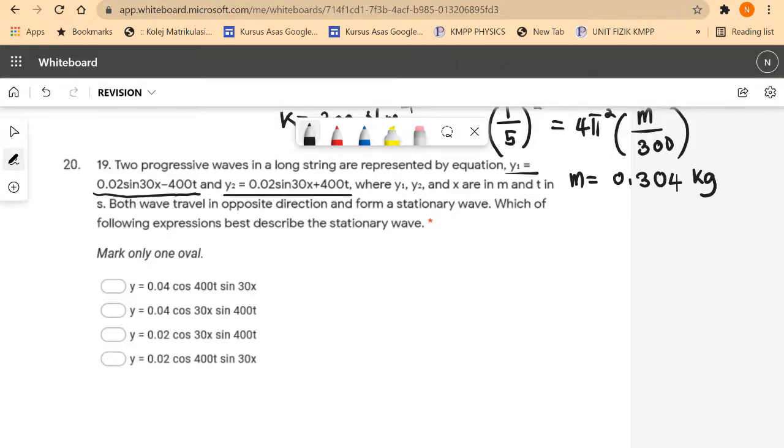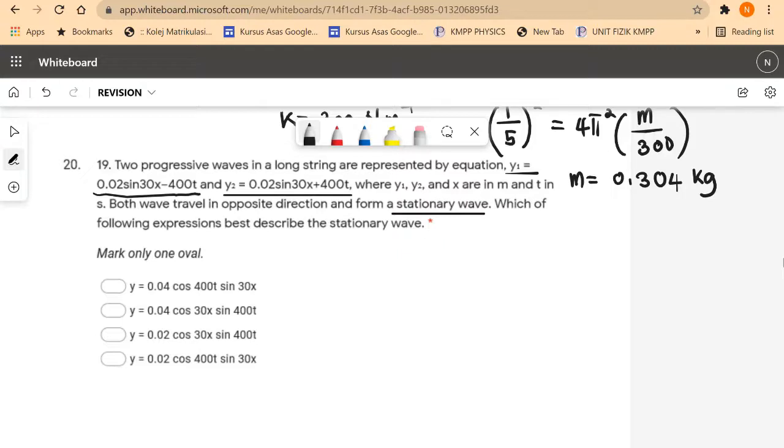That means wave 1 propagates to the right and wave 2 propagates to the left. Both waves travel in opposite directions and form a stationary wave. So interference happens.